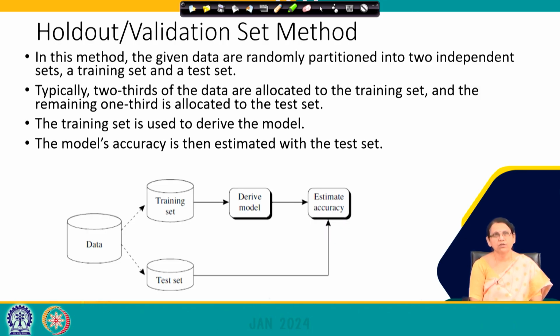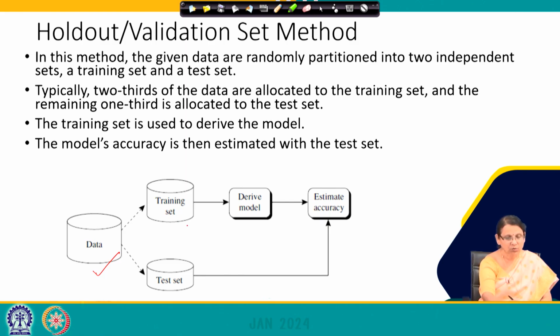Now, we start with the first method. It is called the holdout method or the validation set method. In this method, the given data set is randomly partitioned into two independent sets, a training set and a test set. As shown in this figure, this entire data which is available to us is randomly partitioned.